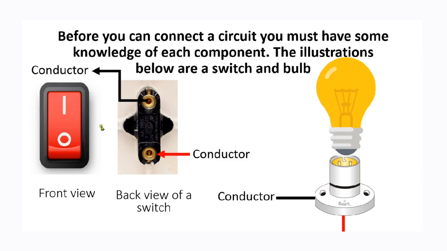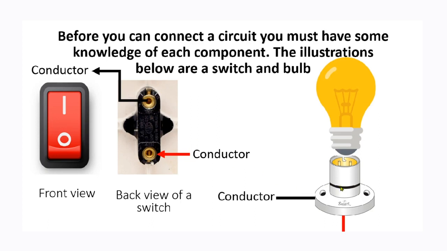When you look at the switch from the front, you do not easily identify what it looks like from the back. Actually, from the back you will see two terminals. You have a terminal on the top and a terminal at the bottom. When we connect up our conductors to the switch, we will bring one conductor to the bottom terminal and another conductor to the top terminal.